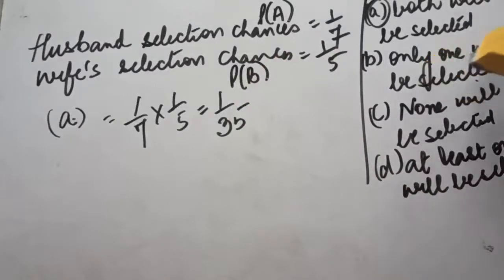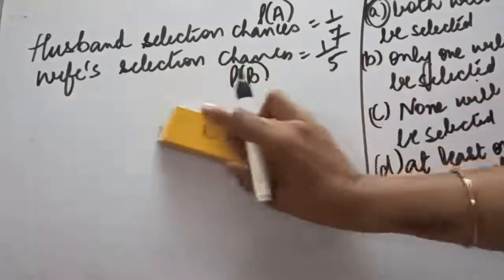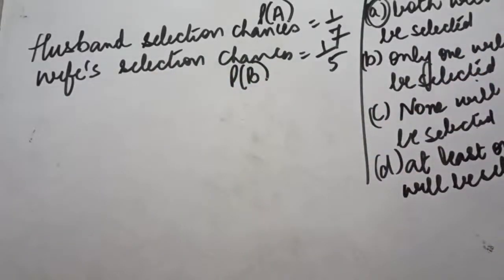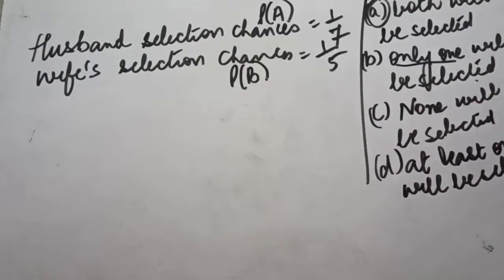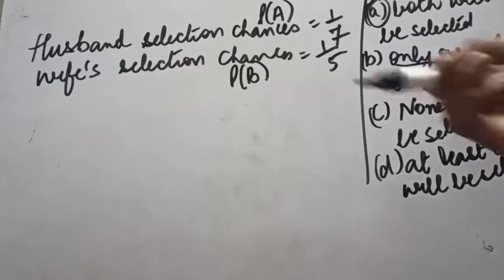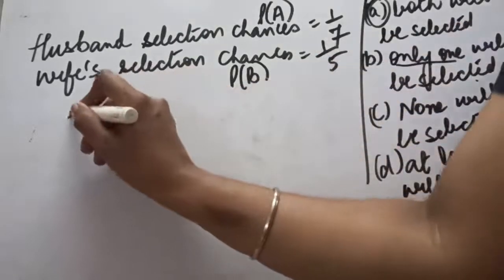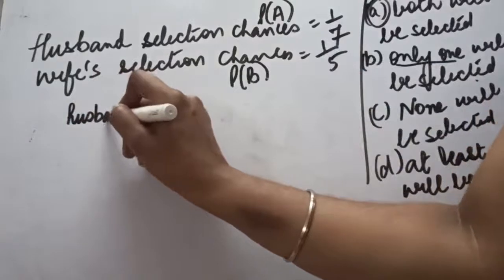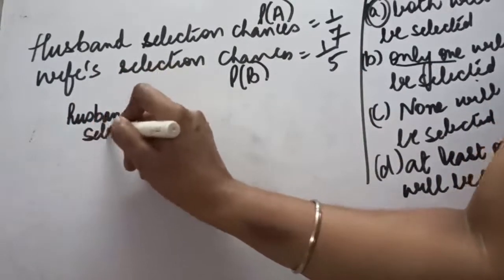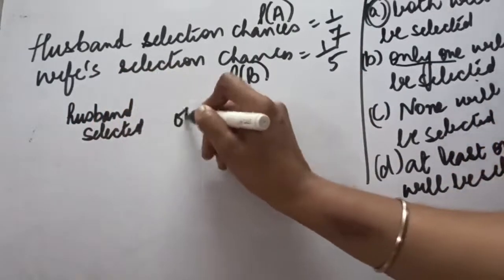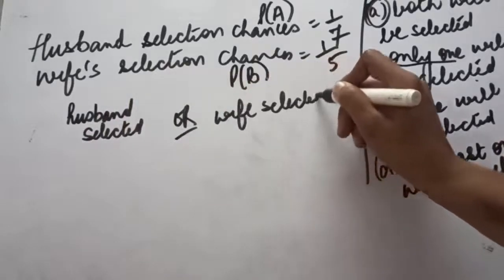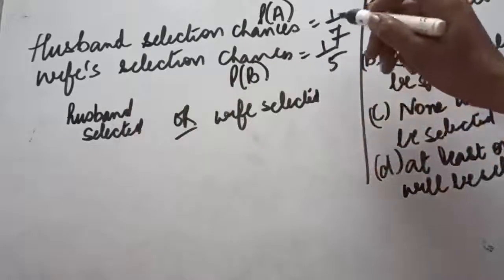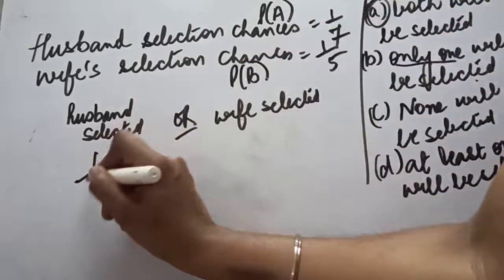The second point says that only one will be selected. Only one will be selected means either husband will be selected or wife will be selected, only one. But it is not told who will be selected. So here we will make two cases. Either husband selected or wife selected. So if husband is selected, husband selection chances are given 1 upon 7.